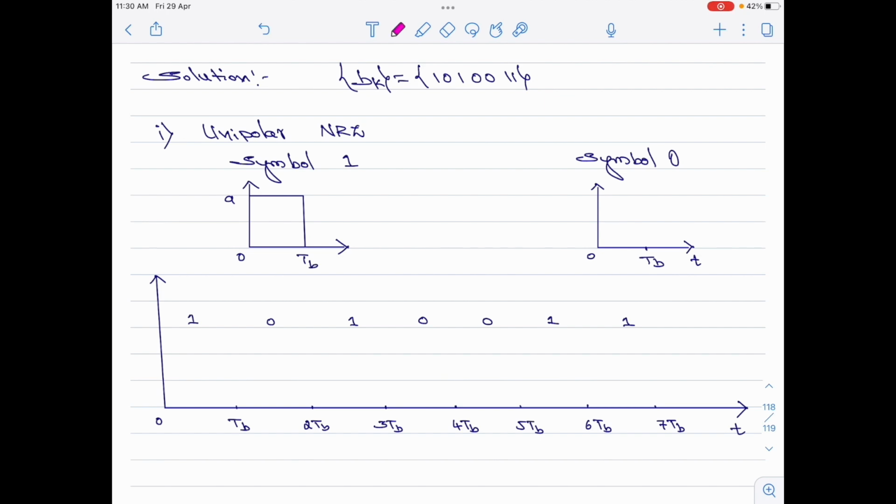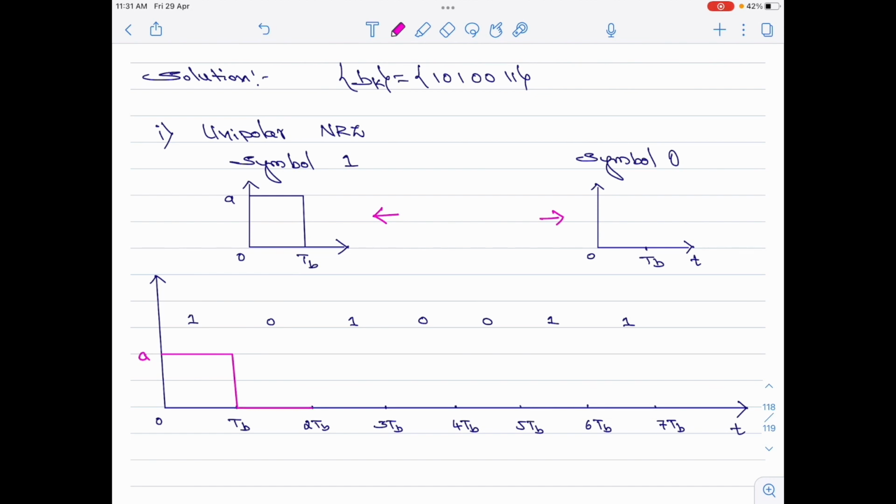For the first bit interval, we have a bit 1, and as per this diagram, a bit 1 is represented by transmitting a pulse of duration 1 TB and amplitude A. So, here I will plot a rectangular pulse of amplitude A and duration 1 TB. The next bit is 0, and for bit 0, you please note we do not transmit any value. So, for bit 0 here, I will simply mark 0 volts between TB to 2 TB.